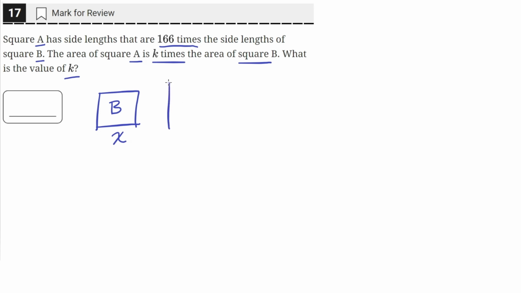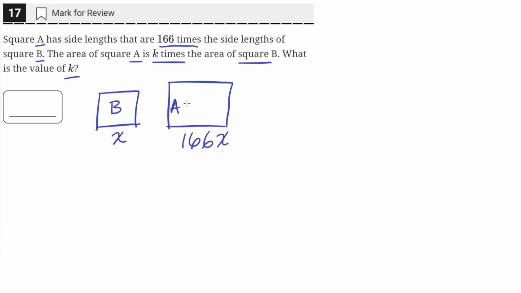And then we have square A, whose side lengths are 166 times the side lengths of square B. So the length of the side of this square is 166 times the length of square B's sides.